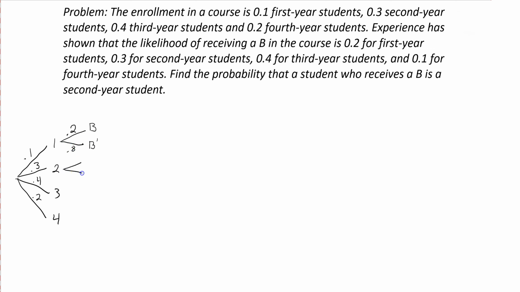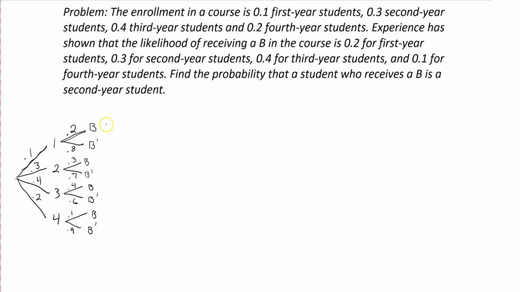Second-year students, 0.3 and 0.7. Third-year students, 0.4 and 0.6. And fourth-year students, 0.1 and 0.9.